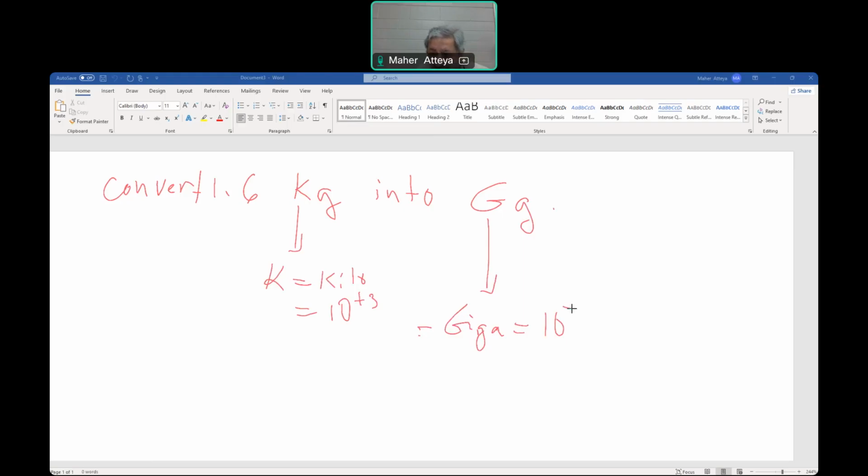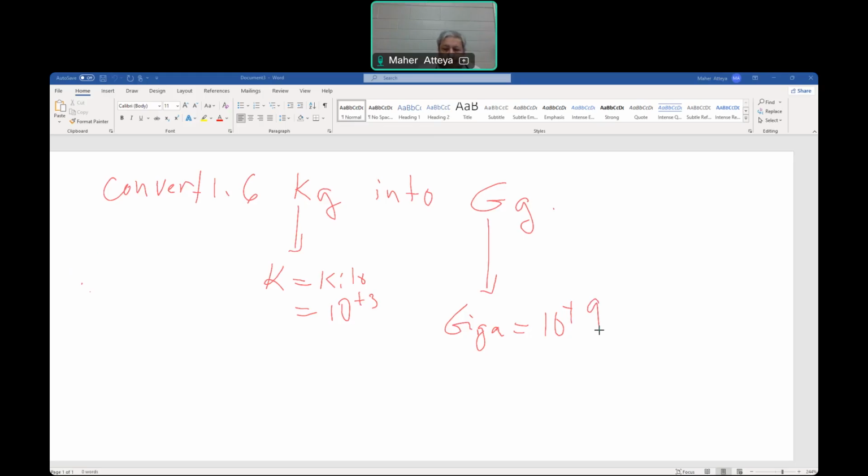Let me take this one here, just hold on. So this is giga here. Mega is 10 plus 6, and giga is 10 plus 9.